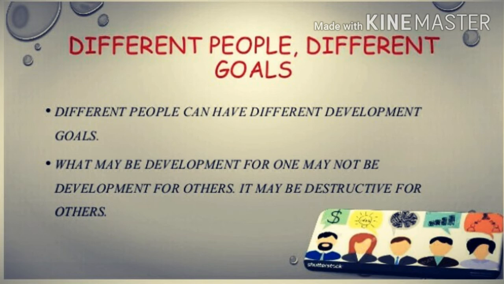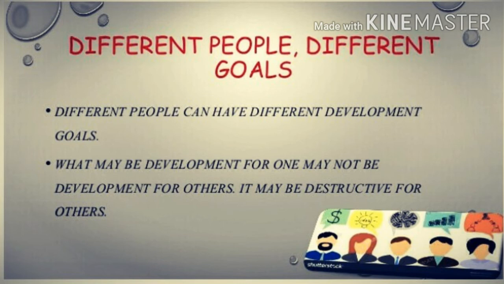It may be destructive for others. On the basis of that, our first point gives us the idea that no two people have the same progress and the same developmental goals. Each is different from the others.